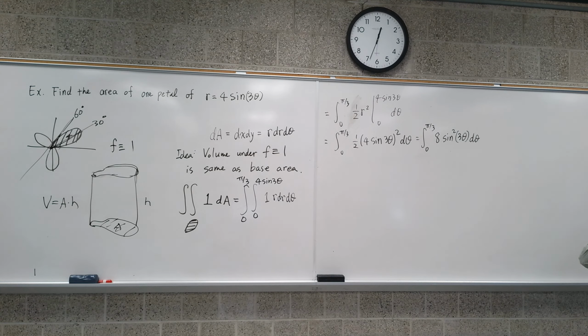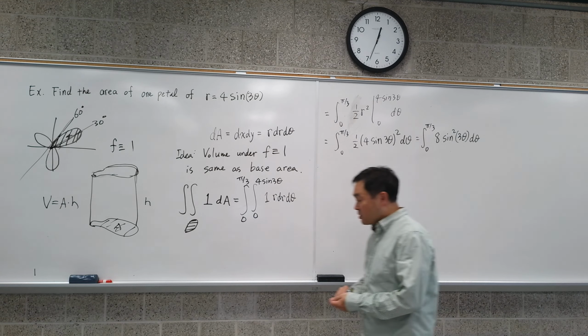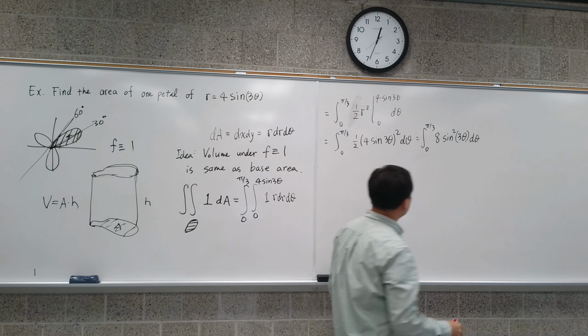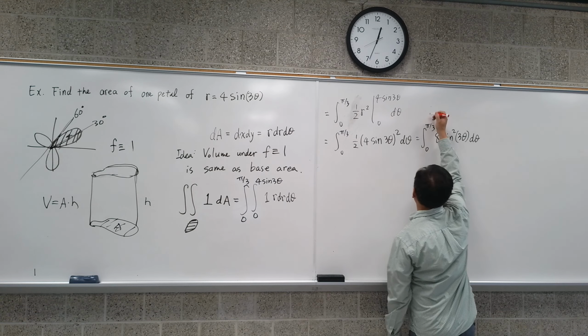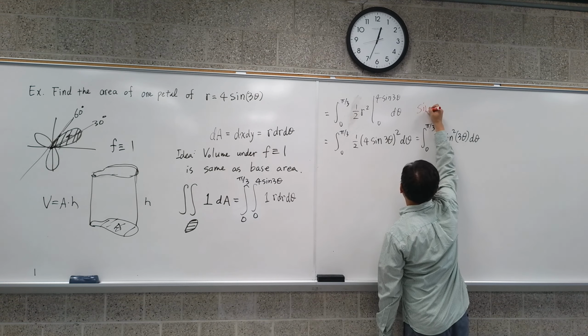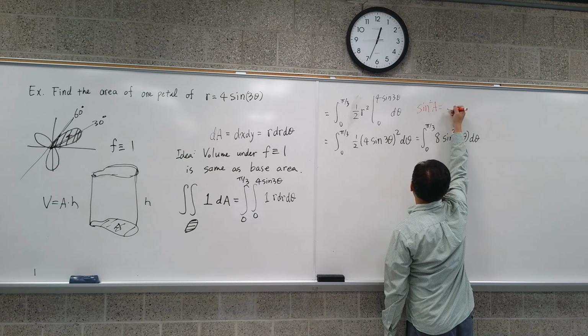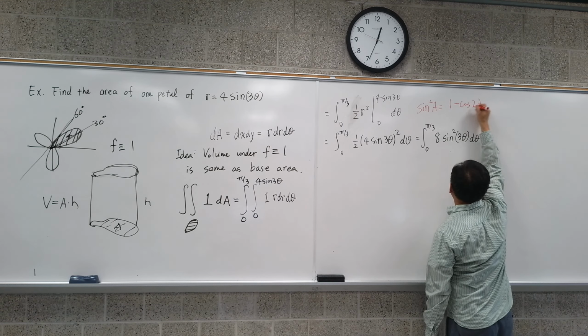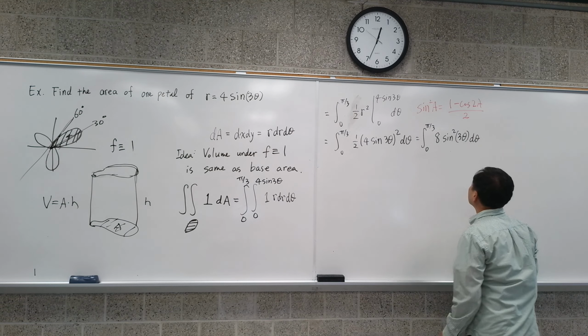Okay. Now this is one of these integrals that are not so straightforward. It requires you to know the following formula, which says sine squared of a is equal to 1 minus cosine 2a, over 2.